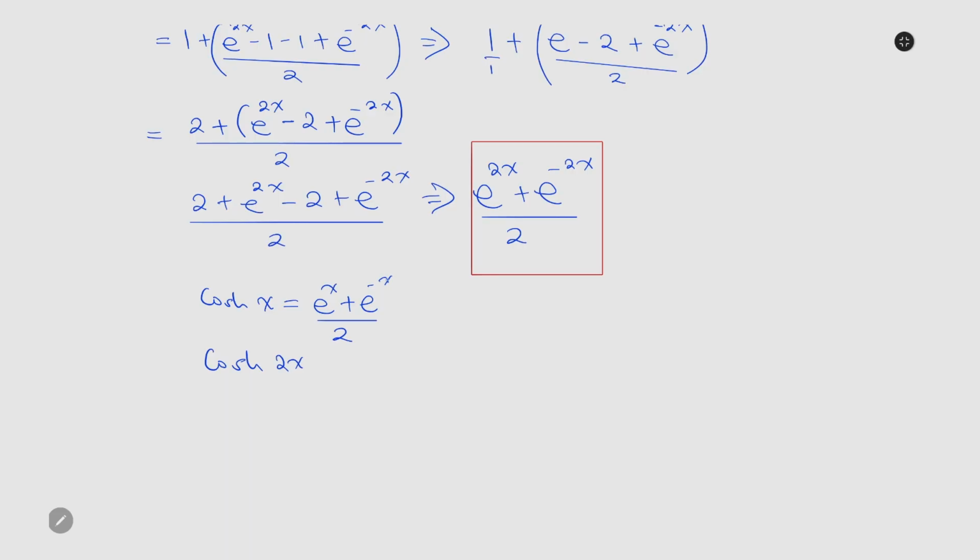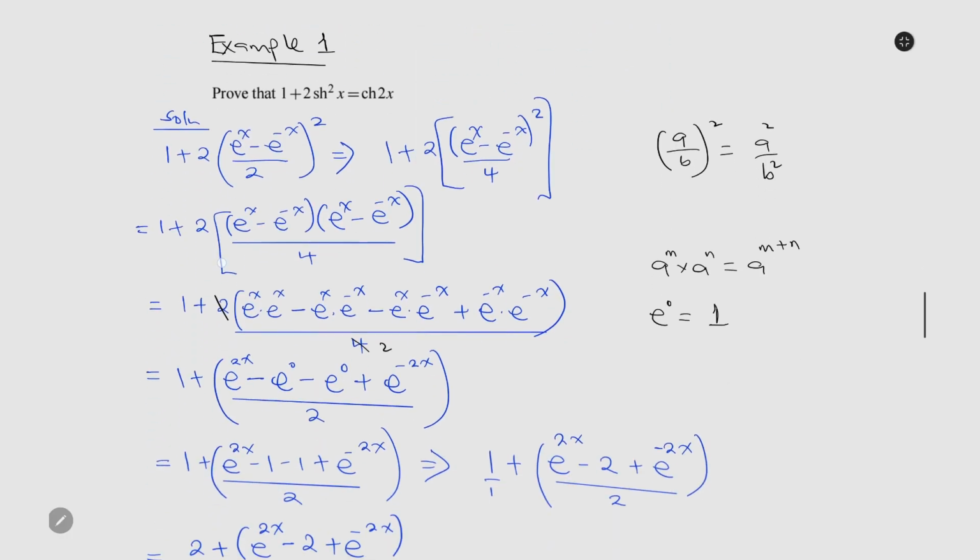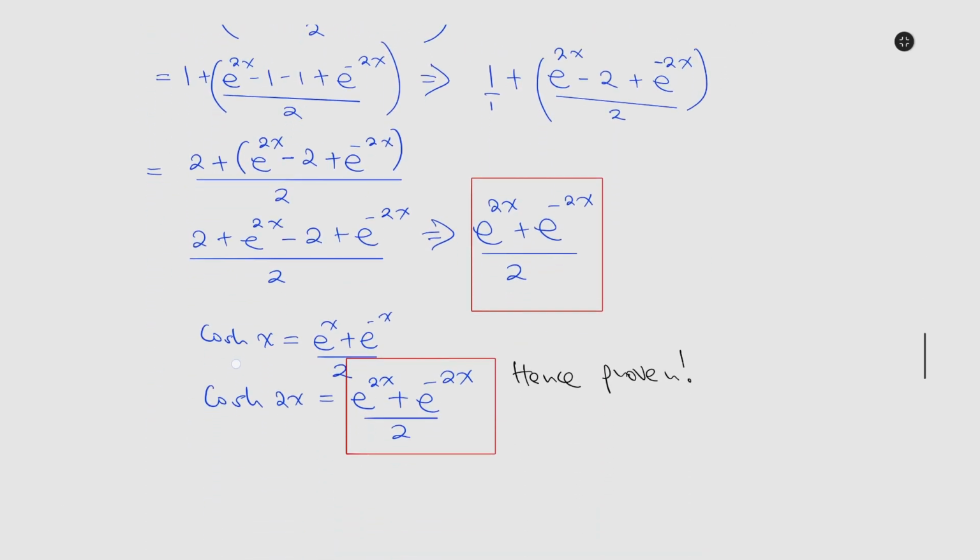Now we are given that our x is 2x. It means this will be exponential 2x plus exponential negative 2x over 2. I hope you can see that this here is similar to this. They are actually similar, hence proven. That has taken us a number of steps.